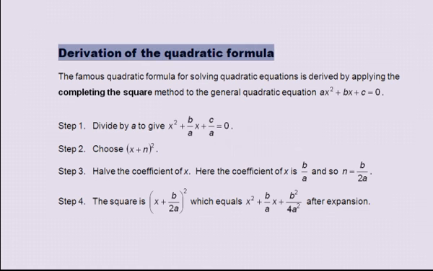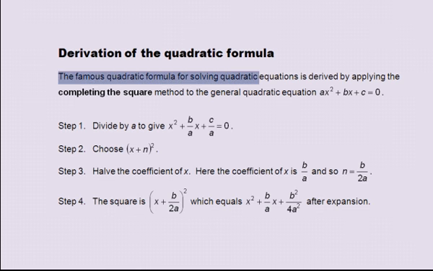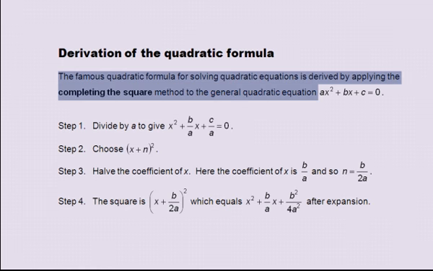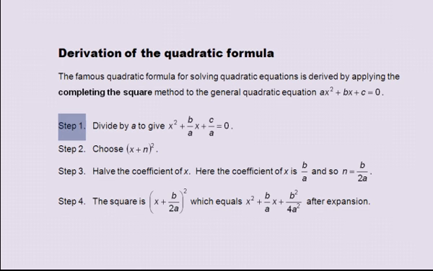Derivation of the quadratic formula. The famous quadratic formula for solving quadratic equations is derived by applying the completing the square method to the general quadratic equation ax squared plus bx plus c equals 0. Step 1.